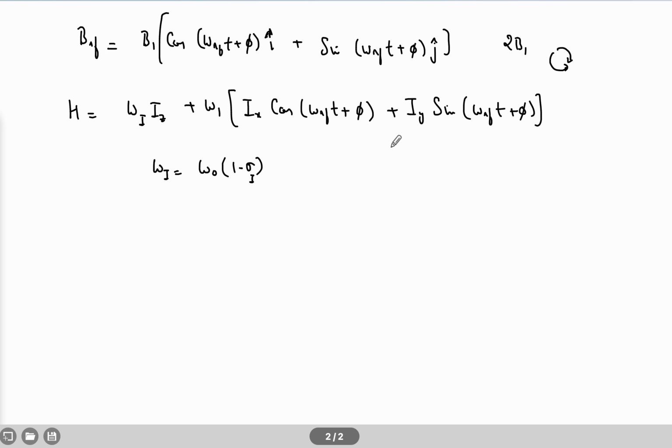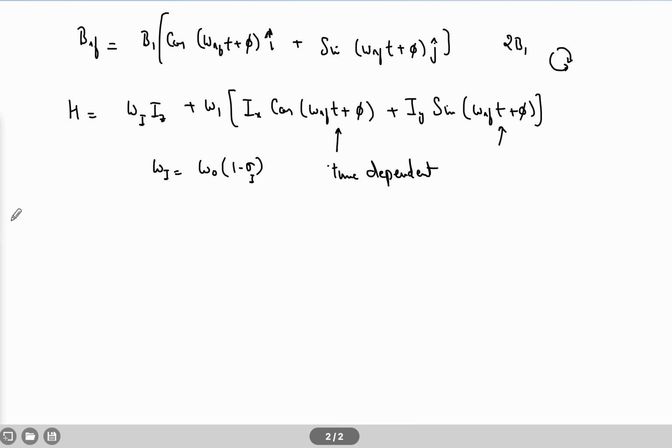Okay, so this will be the Hamiltonian, where we can clearly see that there is a time dependence coming into the picture, right? So this is time dependent. Now our goal is to find a unitary operator, and by applying a unitary operation onto the density matrix, we want to remove this time dependence, right? So what will be the choice for the operator U that renders H time independent?